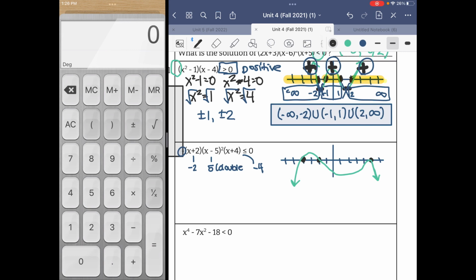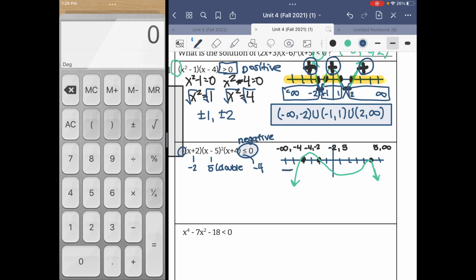The intervals I have are from negative infinity to negative 4, negative 4 to negative 2, negative 2 to 5, and 5 to infinity. And I'm basically going to cross out the ones that I don't want. Because I want the negatives this time. It's less than 0, so that means you want the negatives.